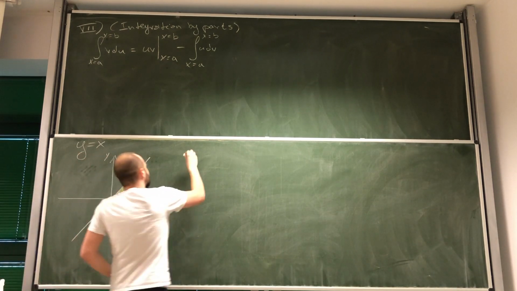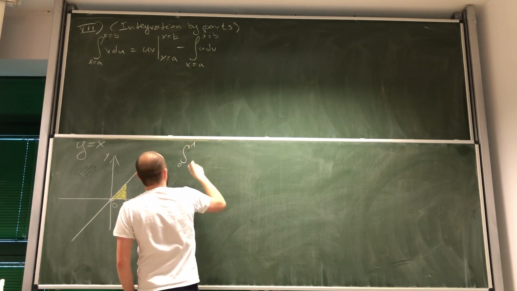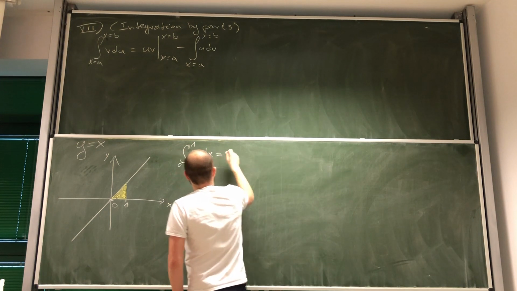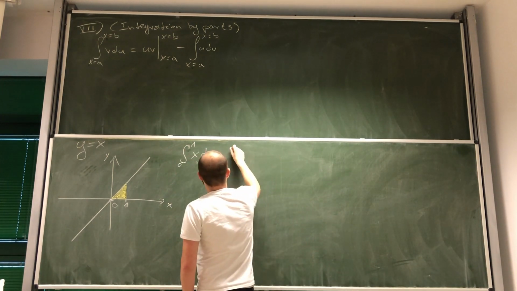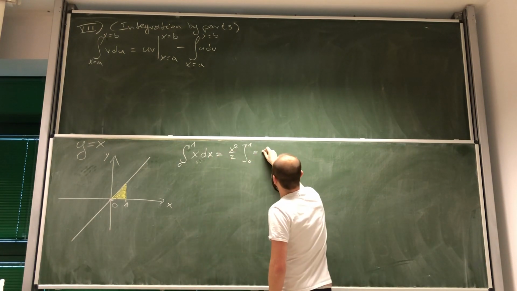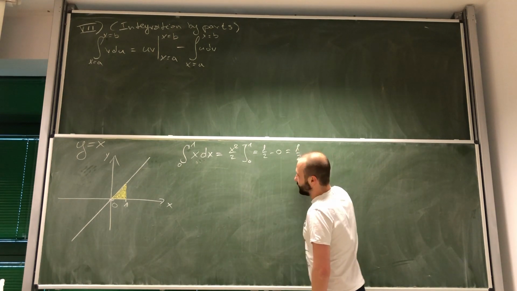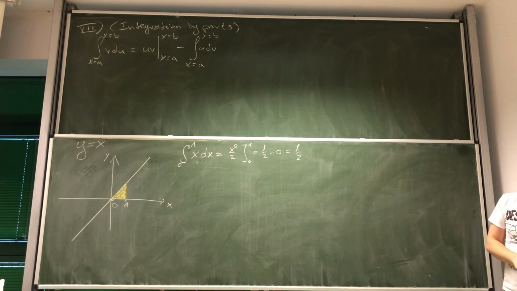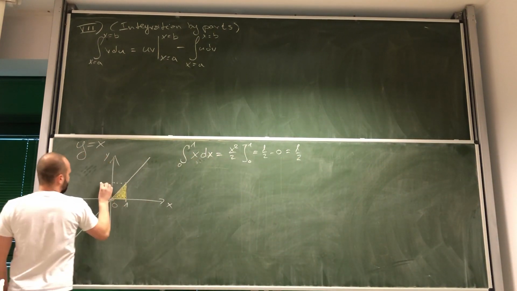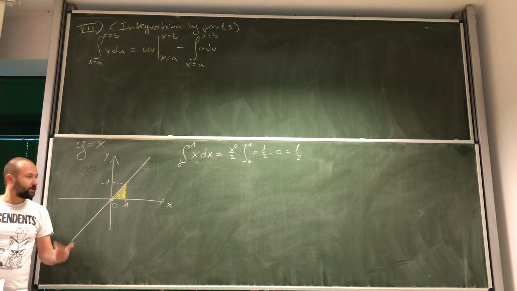All I need to do is calculate the definite integral from 0 to 1 of x dx. So, first the indefinite integral, x squared over 2, from 0 to 1, which gives us 1 over 2 minus 0, right? 1 over 2. This area is 1 over 2. Does it make sense? Well, of course. If this creates a square, 1 by 1, half of it must be 1 over 2.